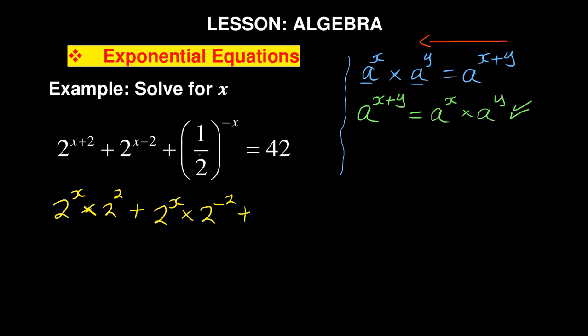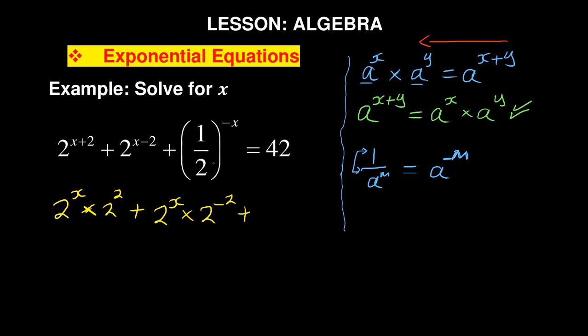Now this is another law that I'm going to use. There is a law which says 1 over a to the power m is equal to a to the power negative m. So you can see that for me to get rid of the division sign, the 1 over, I must put a negative so that it will remove the 1 over.